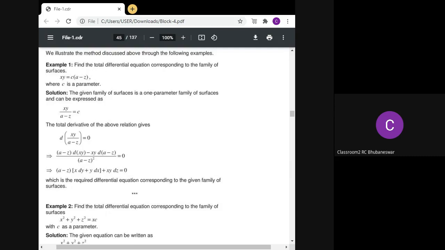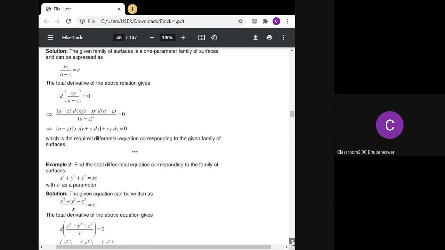So this is a very simple and easy approach to find the total differential equation of a one parameter family of curves.